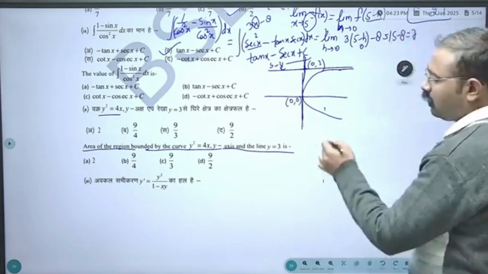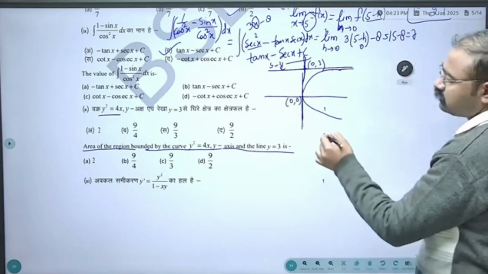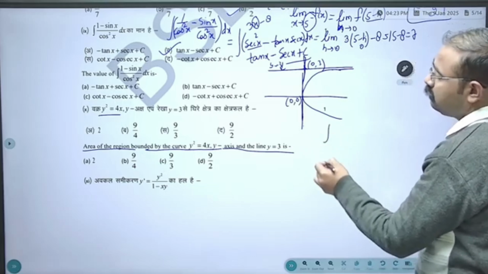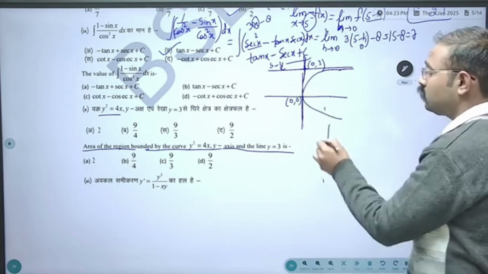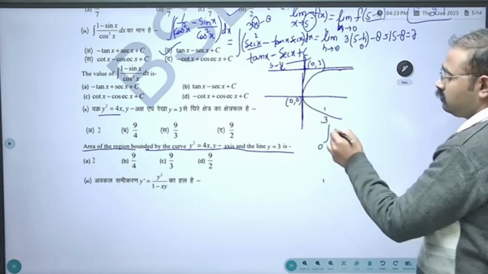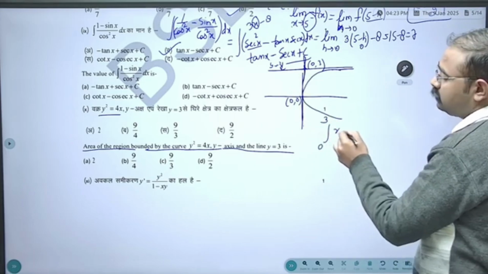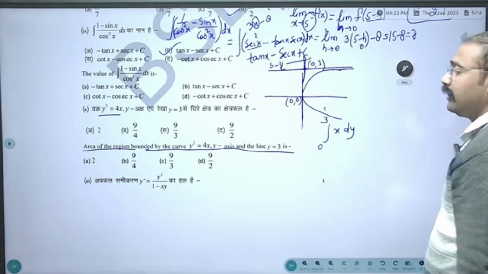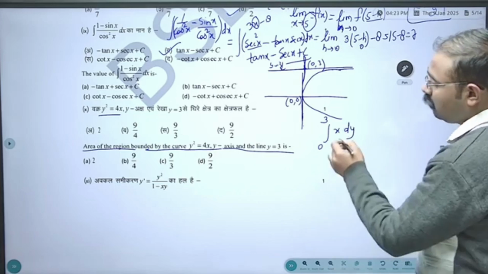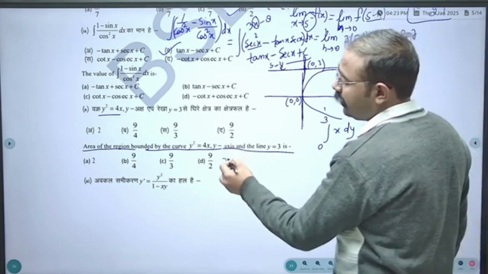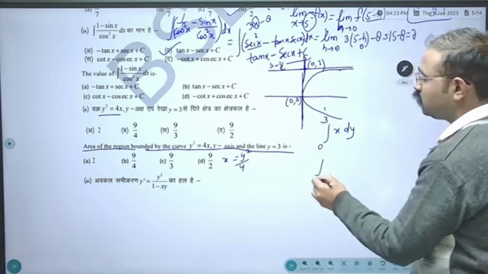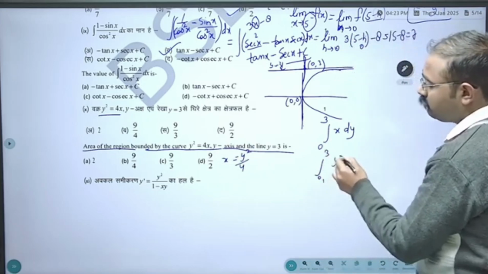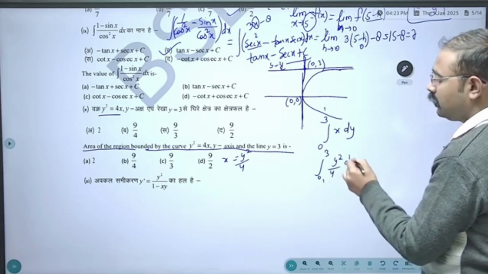So how will we integrate it? Here we have the limit for the y-axis, meaning 0 to 3, then x dy. Now what is the value of x? x is equal to y square upon 4. We put this value in place of x: integral from 0 to 3 of y square upon 4 dy.